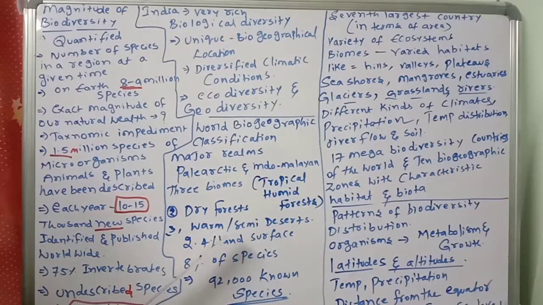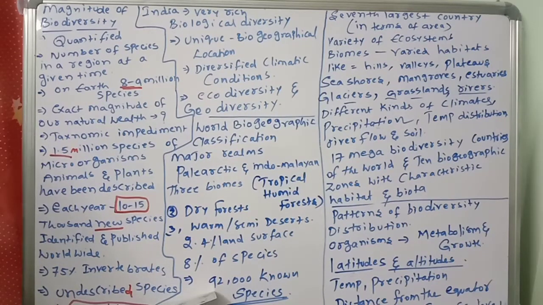Next, out of the Earth's land, India occupies only 2.4%. In that 2.4% of land, India has 8% of species.